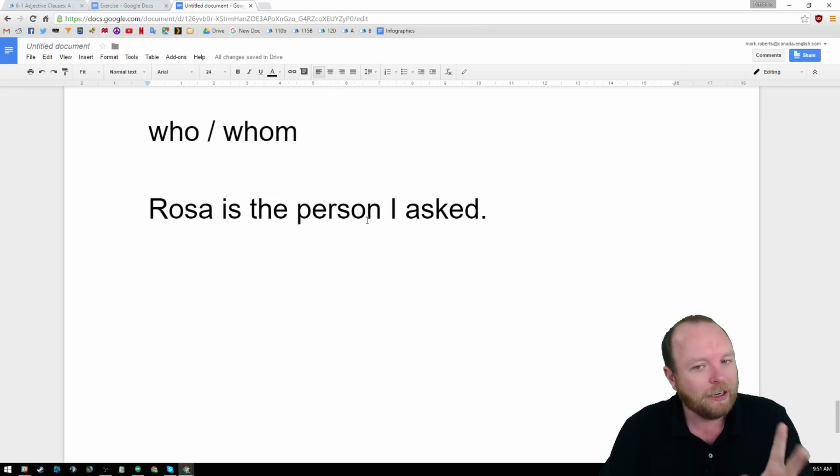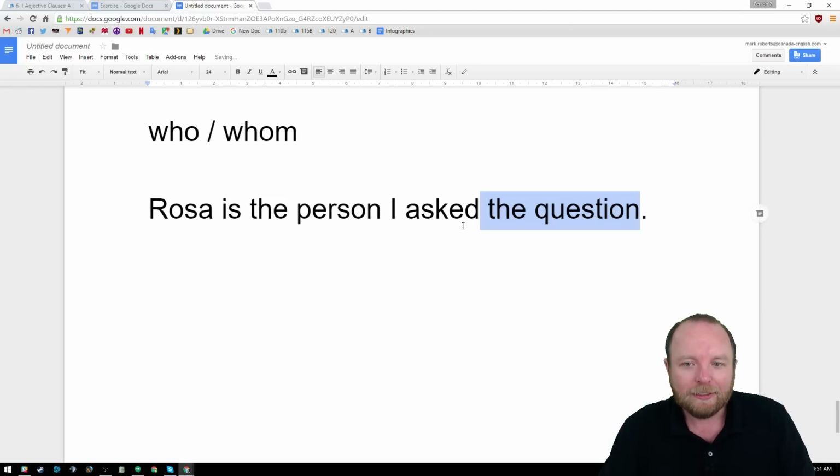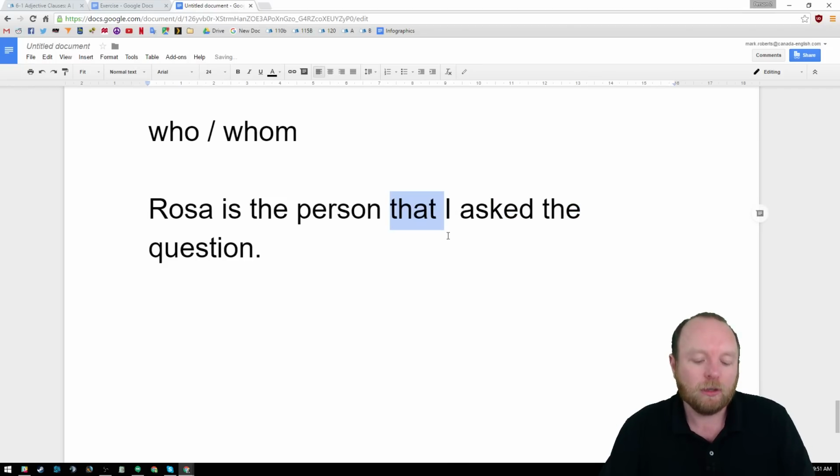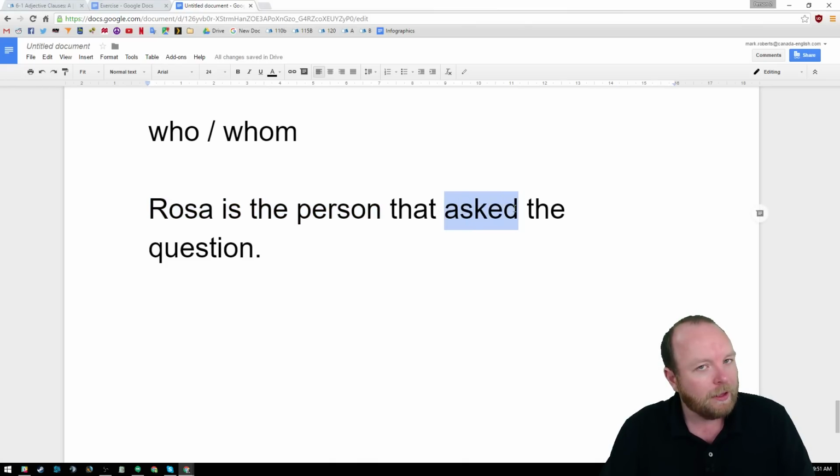Very good rule or very good idea. Okay, let's just talk about that one more time. Let's go back to the original sentence. Rosa is the person. If you have a verb beside the pronoun, you must say who, that, or which.